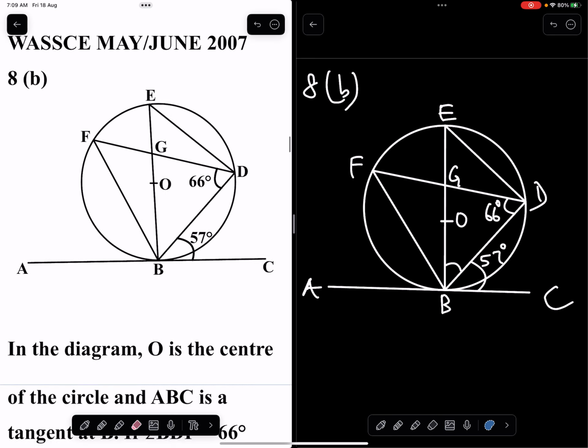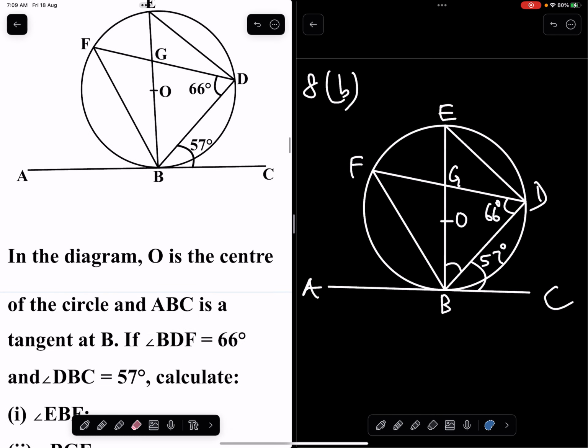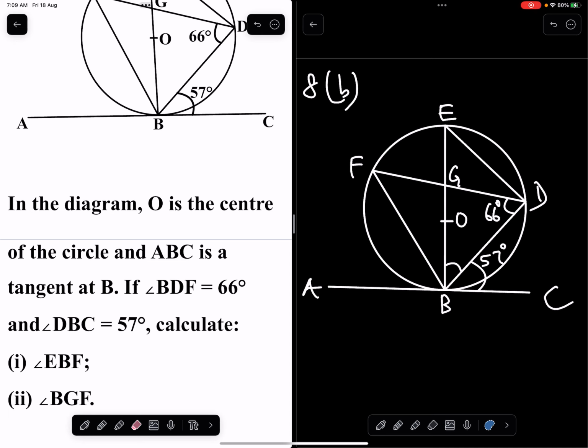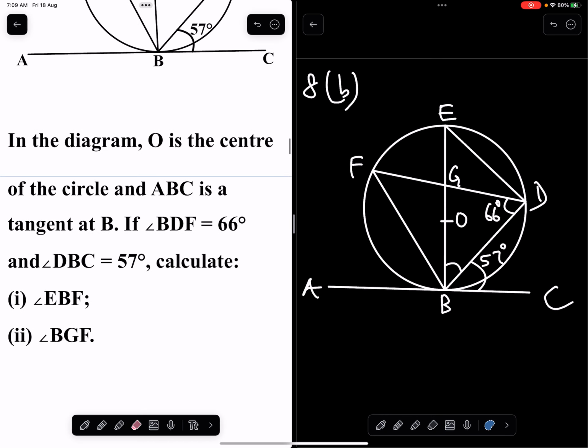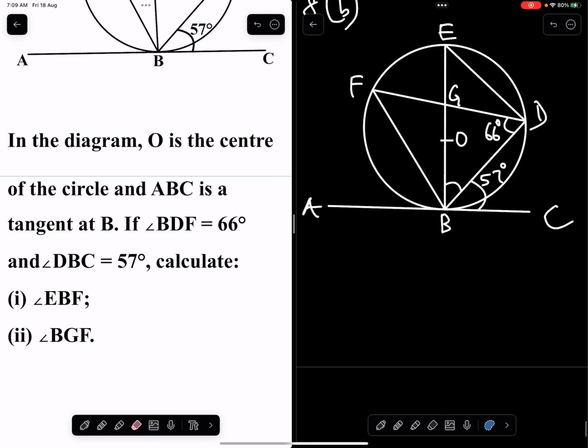And the question says, in the diagram, O is the center of the circle and ABC is a tangent at B. If angle BDF equals 66 degrees and angle DBC is equal to 57 degrees, calculate Roman figure 1 angle EBF and Roman figure 2 angle BGF. Start with Roman figure 1.